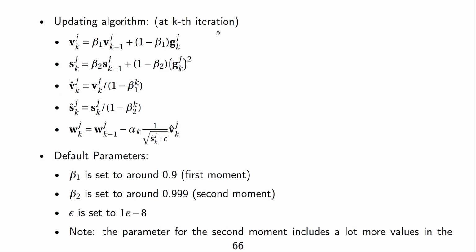Let's discuss the update equations. We have two momentum parameters now. That is beta 1, which is used for the gradient, and beta 2, which is used for the gradient components squared.